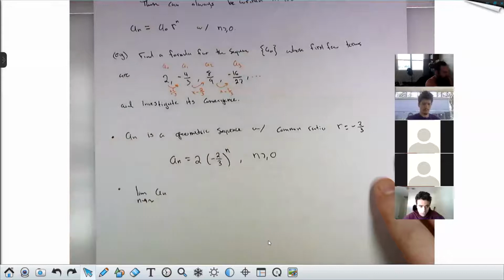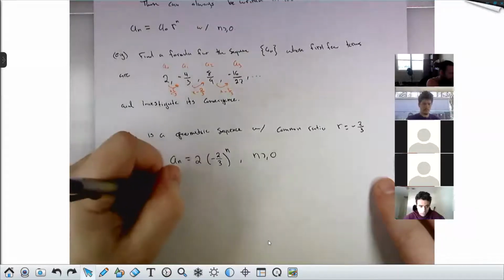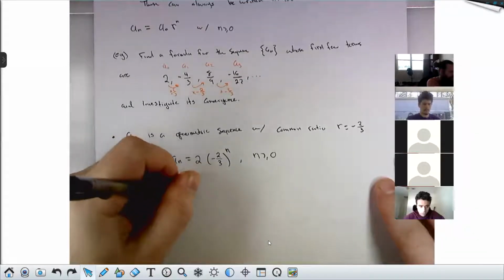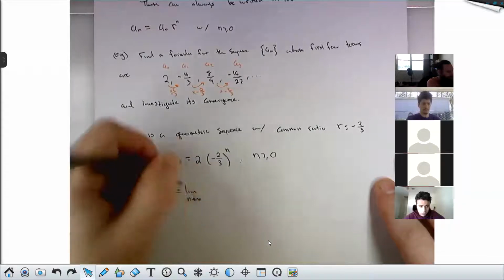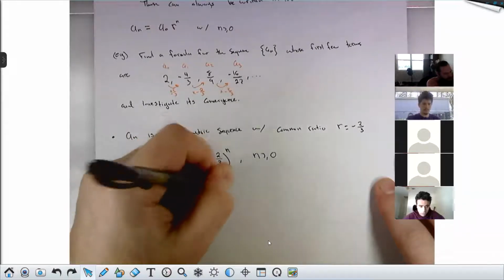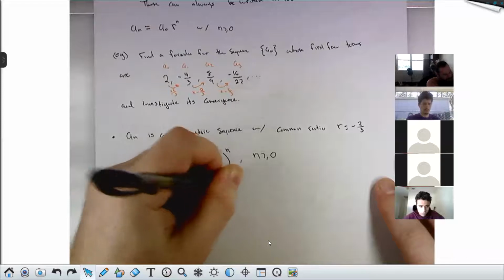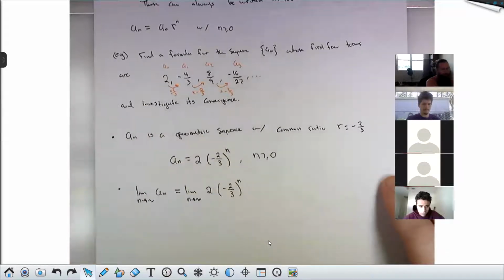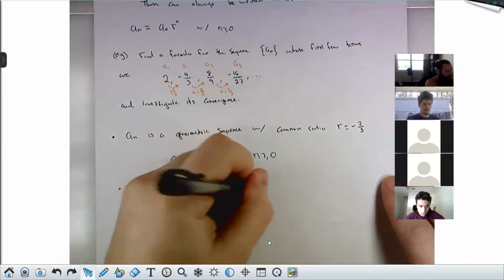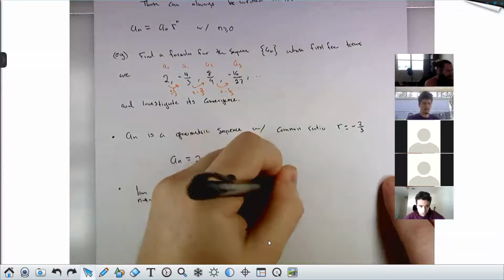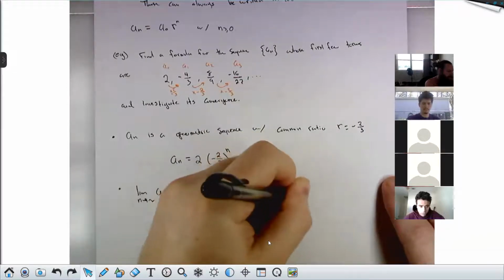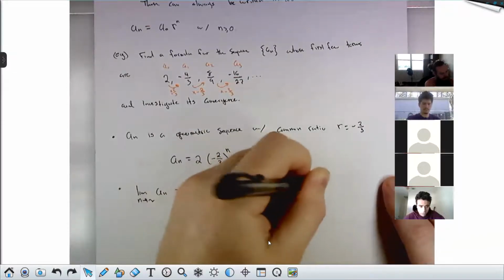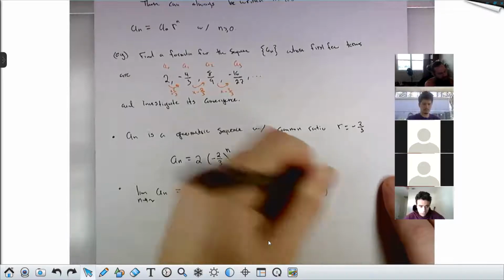And to do that means to calculate the limit as n goes to infinity of 2 times negative 2/3 to the n. Now the 2 out here is a constant multiple. It is of no consequence. It can pop out: 2 times the limit as n goes to infinity of negative 2/3 to the n.